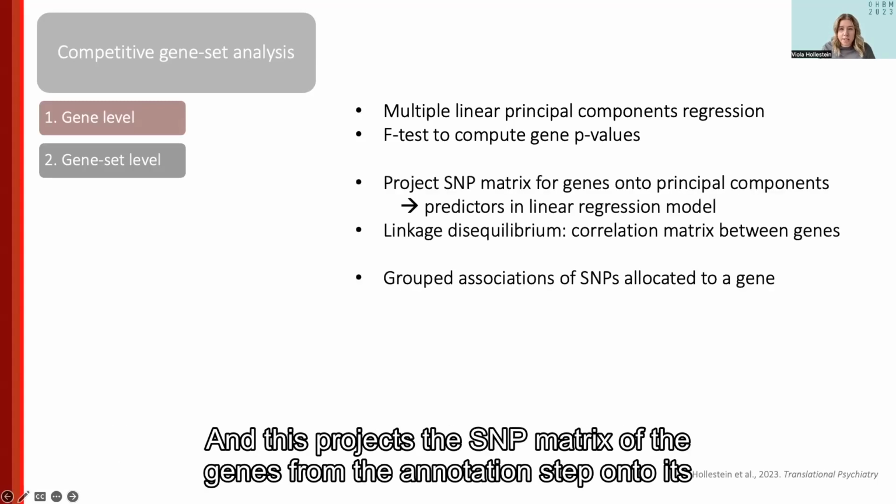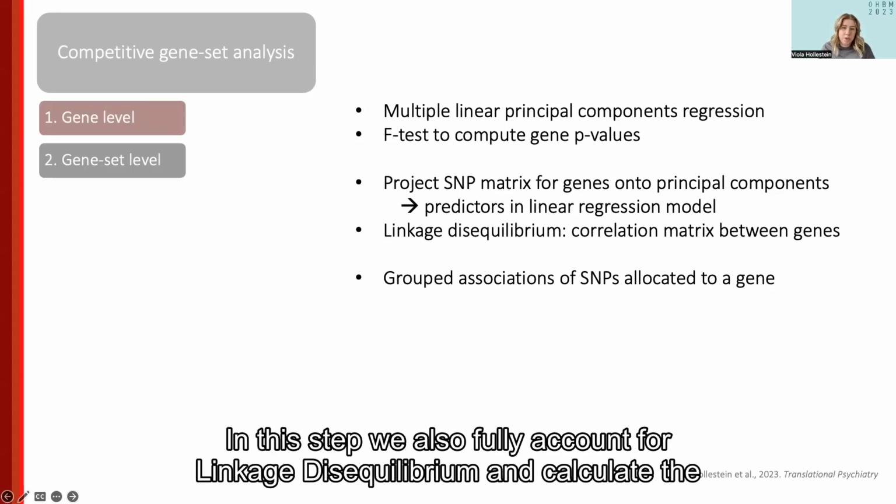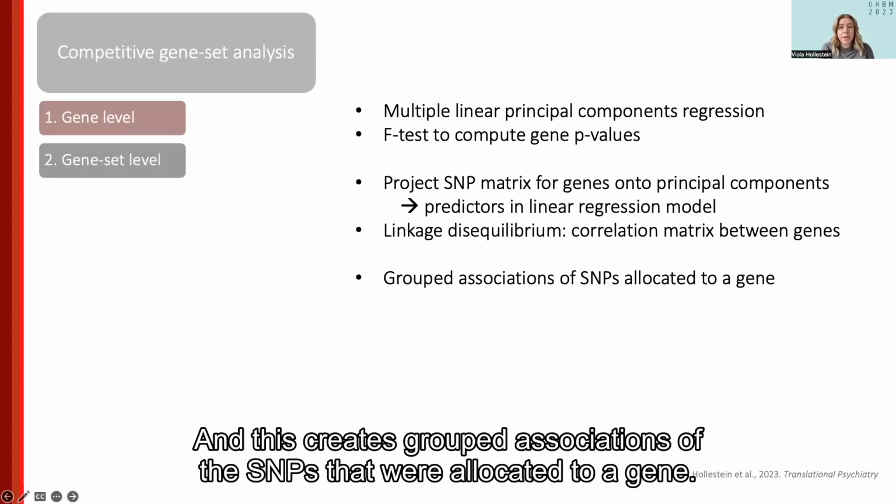And this projects the SNP matrix of the genes from the annotation step onto its principal components and then uses them as predictors in the linear regression model. In this step, we also fully account for linkage disequilibrium and calculate the correlation matrix between the genes, which we then use in the next step. And this creates grouped associations of the SNPs that were allocated to a gene.